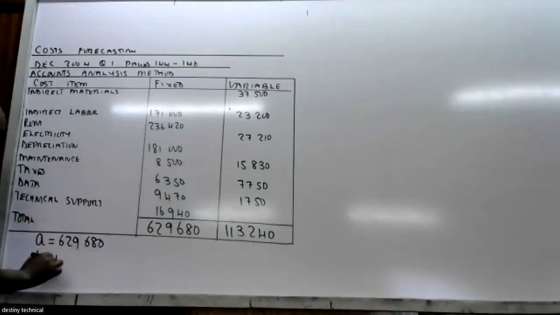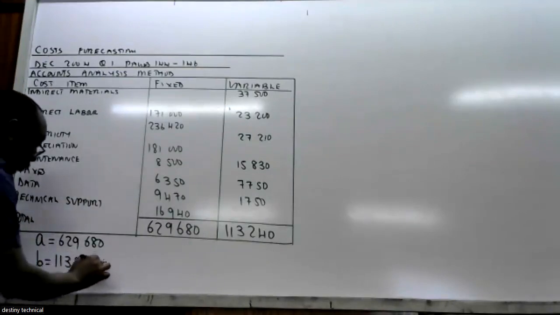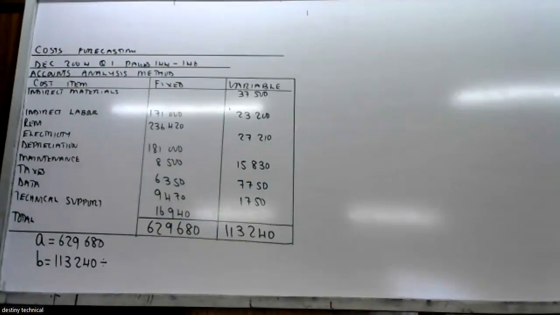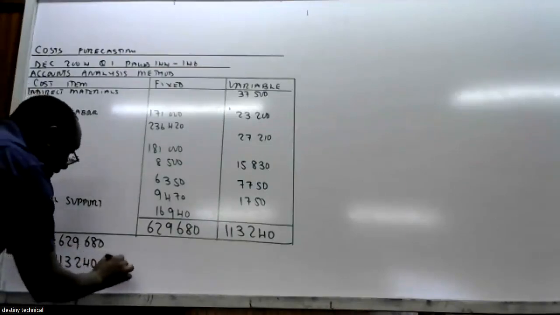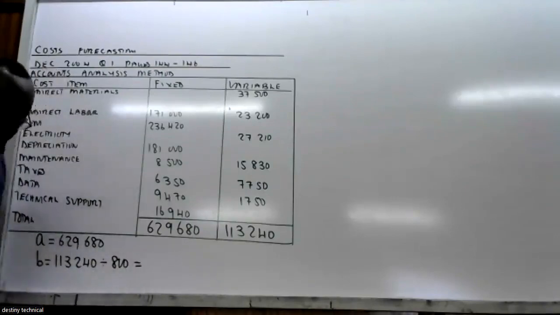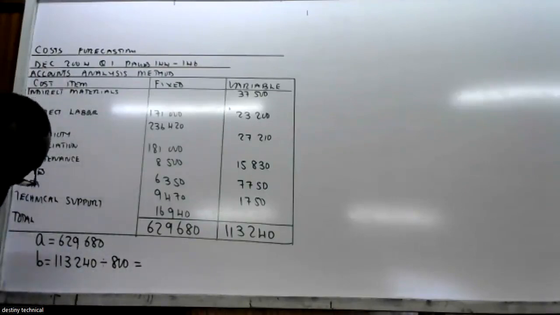You take the total variable cost, 113,240, divide by the number of units. In this question, the number of units are 800. Remember the values are in thousands, so 113,240, you divide by 800.